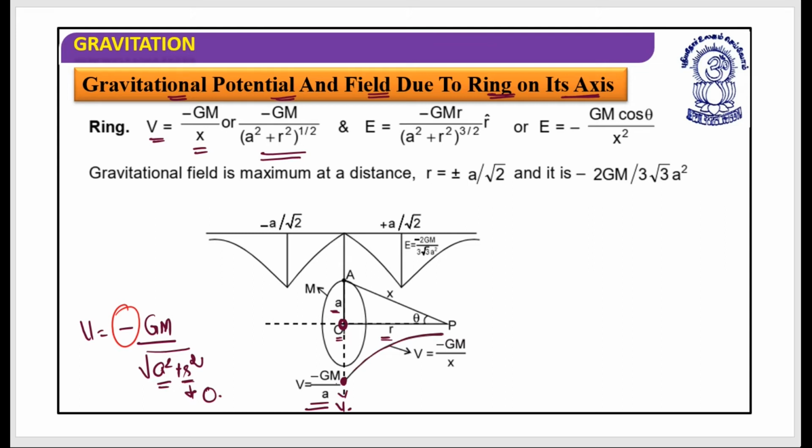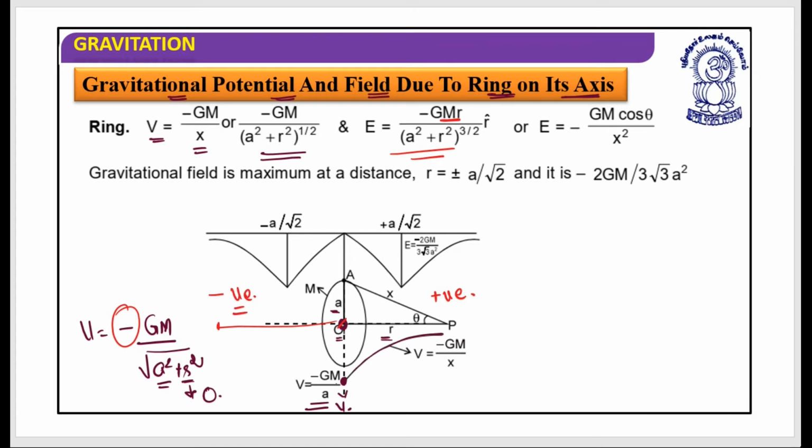Great. And this is the gravitational field due to the ring on its axis, that we have derived as minus G m r upon a square plus r square to the power 3 by 2. If I plot this, the axis could be created on both sides.